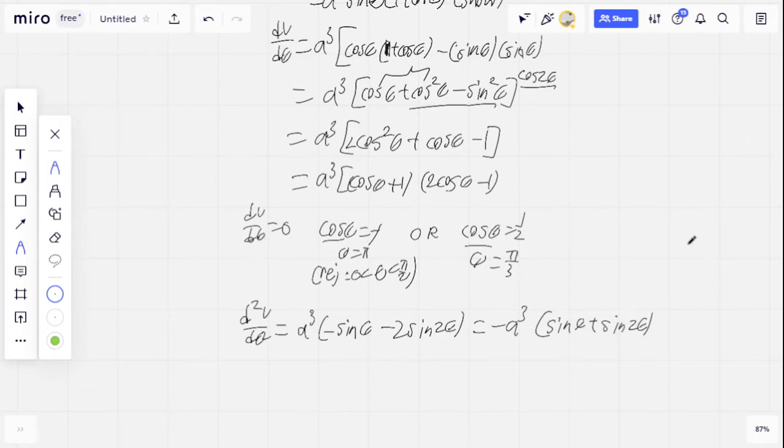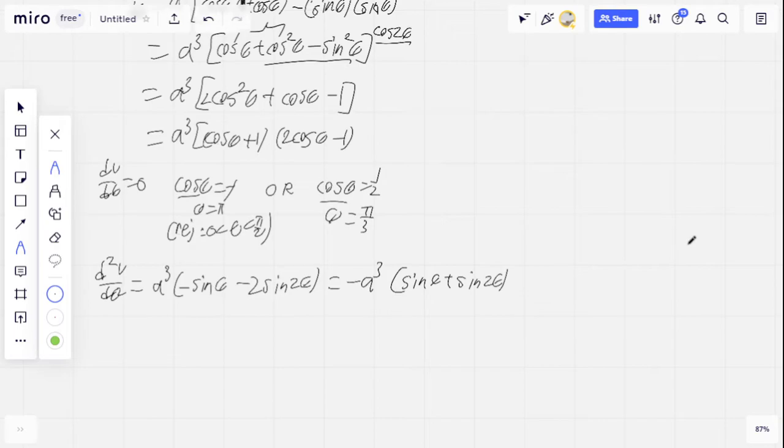From here you can conclude very fast that this will be less than 0, because theta is between 0 and pi over 2, so sine theta plus sine 2 theta is bigger than 0, and therefore minus a cubed is less than 0, so everything will be less than 0.